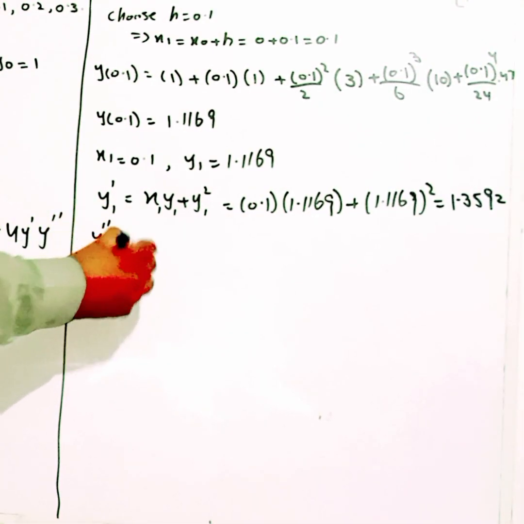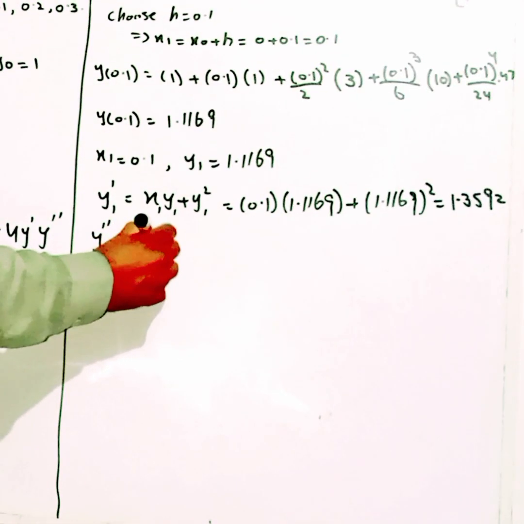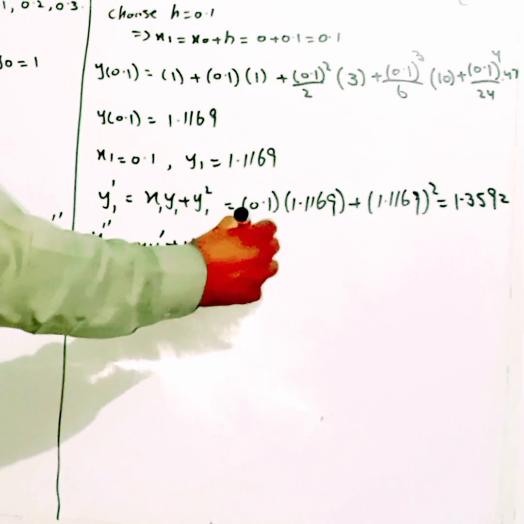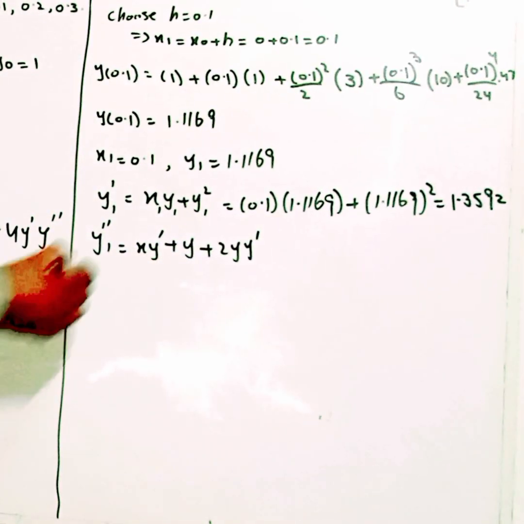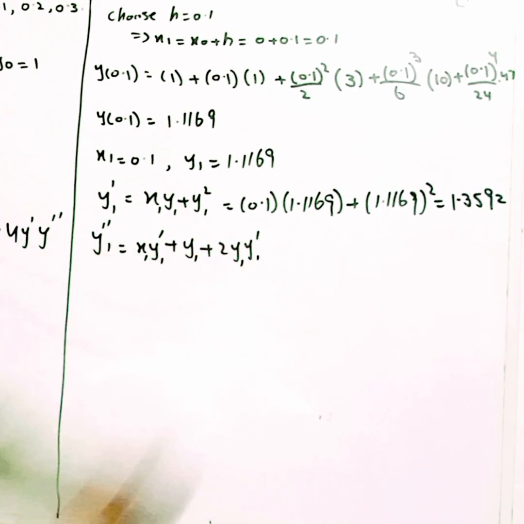Similarly, y double prime 1 becomes, we know that y double prime is x y prime plus y plus 2y y prime, and at x1 y double prime 1 will become x1 y prime 1 plus y1 plus 2 y1 y prime 1.